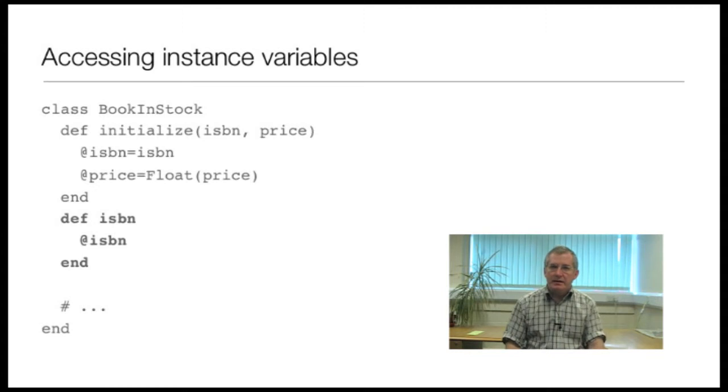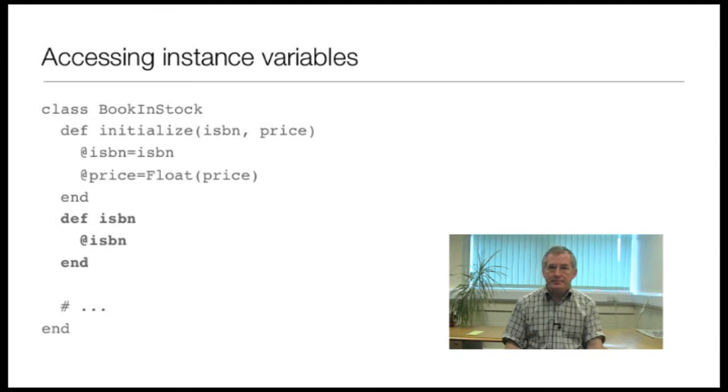Generally, declaring an accessor method for each instance variable is going to be a tedious thing to do, because we've got a very clear pattern here. The name of the accessor method is the same as the name of the instance variable. The thing that is returned is the evaluation of the instance variable, and that's it. So clearly it doesn't really make sense for every instance variable to write one of those.